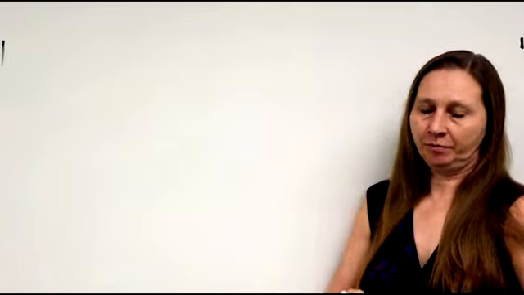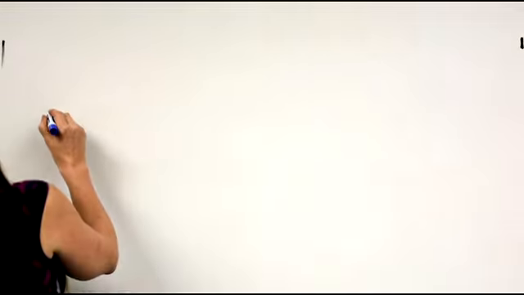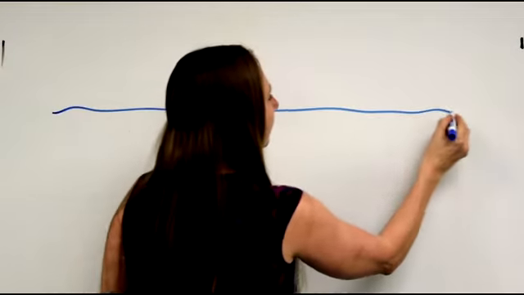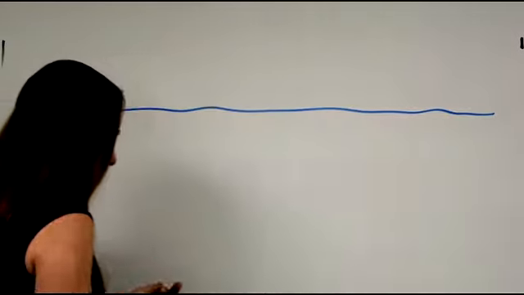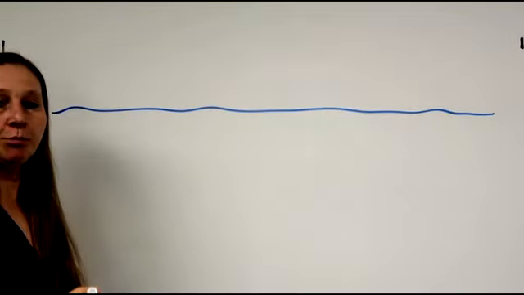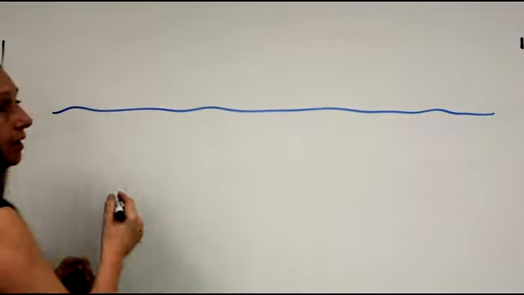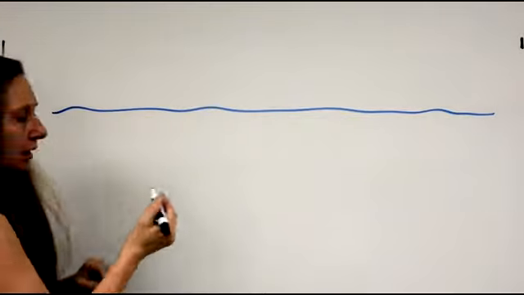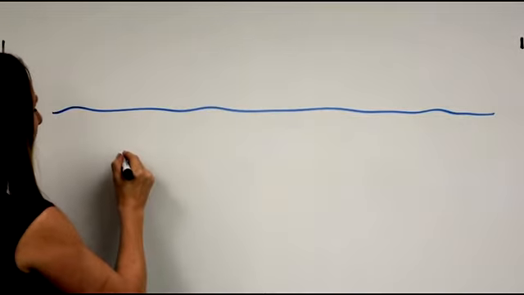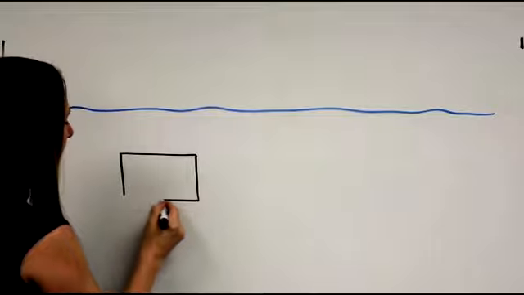So for our example of the buoyant force, let's put two different objects into water. Here's the surface of the water. And let's put a block of metal into the water. I think we know that that's going to sink.